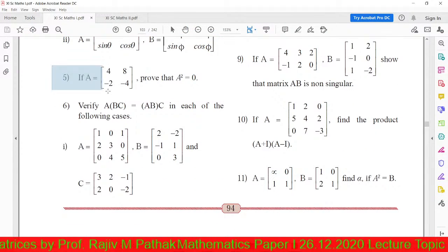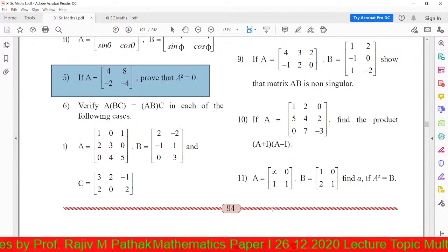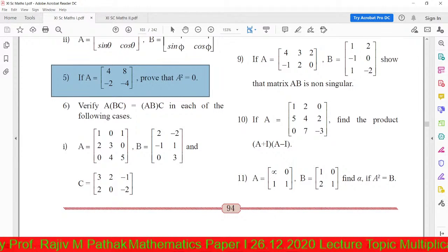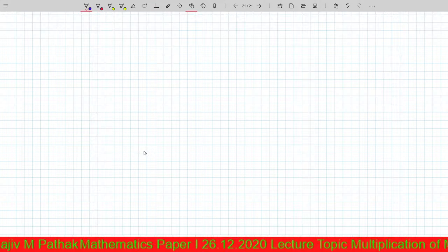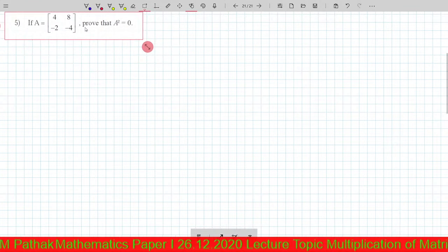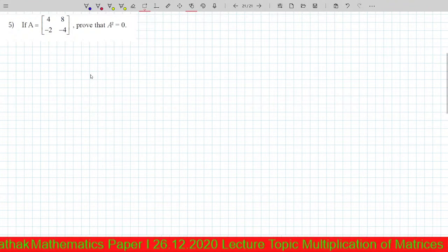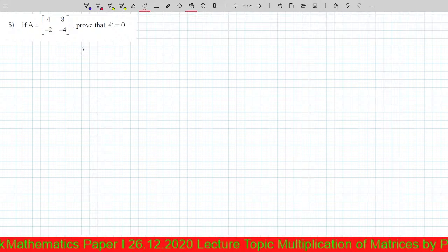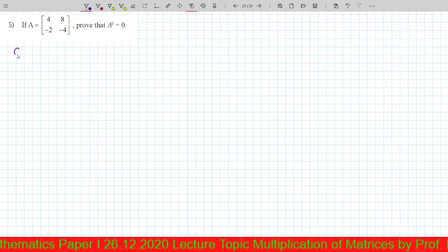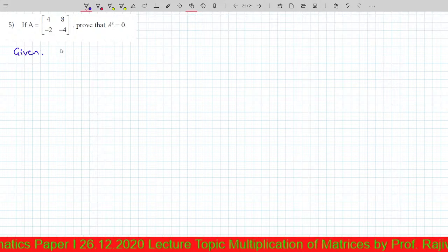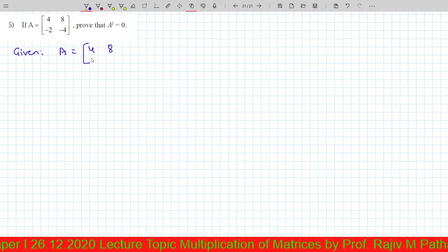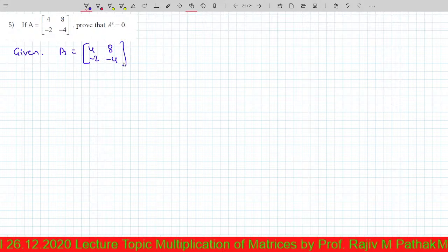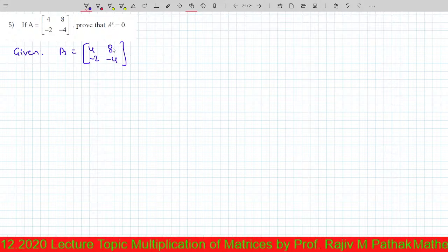Okay. So next problem, see question number 5. A is given, you have to prove that A square is equal to 0. So given A is equal to 4, 8, minus 2, minus 4, you have to show that A square is a null matrix. 0 means null matrix here.